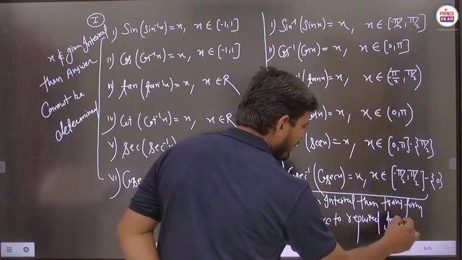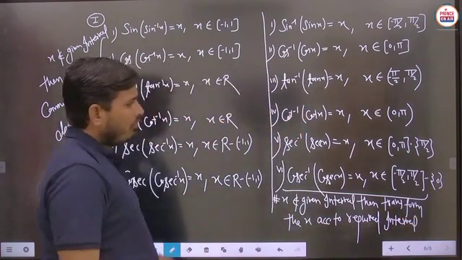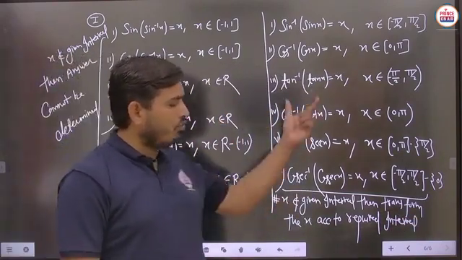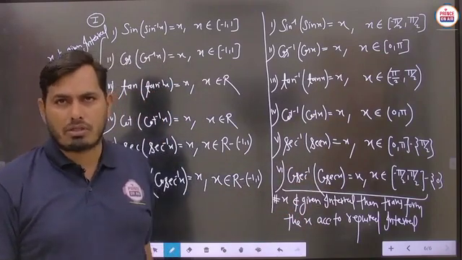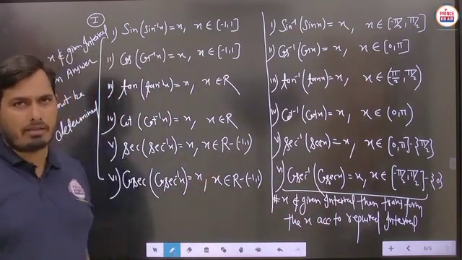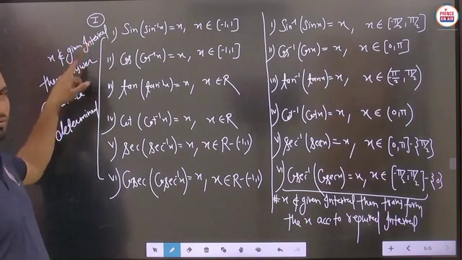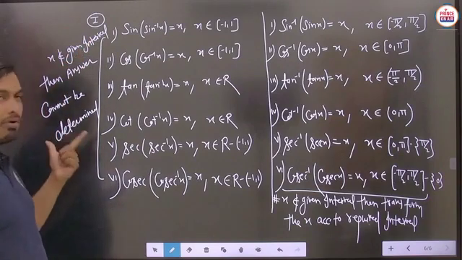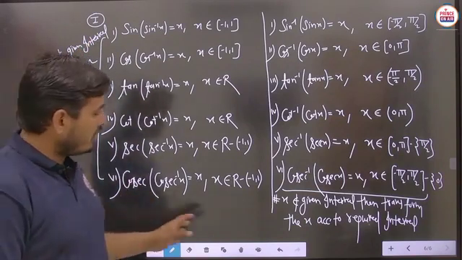Required interval means, according to the given function, which type of interval is required to use the property. According to that we have to convert or transform the particular x. But if x does not belong to the given interval, then the answer cannot be determined here. So we have to keep these things in mind.